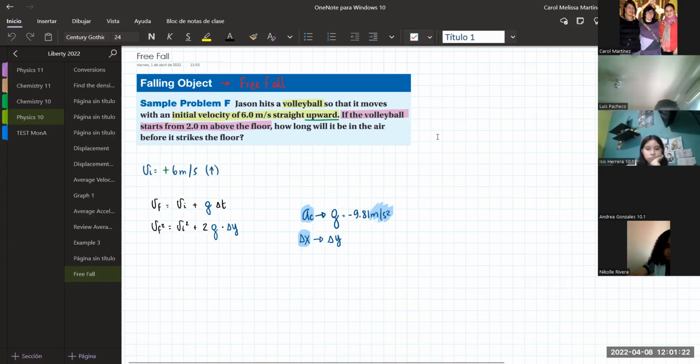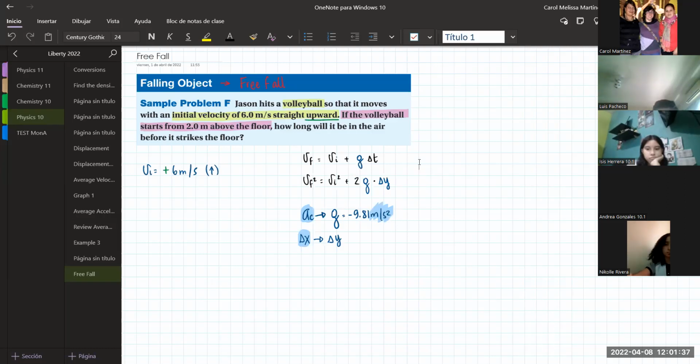Then it says, if the volleyball starts from 2 meters above the floor, so that is telling you how everything started. It started at 2 meters above the floor, okay?